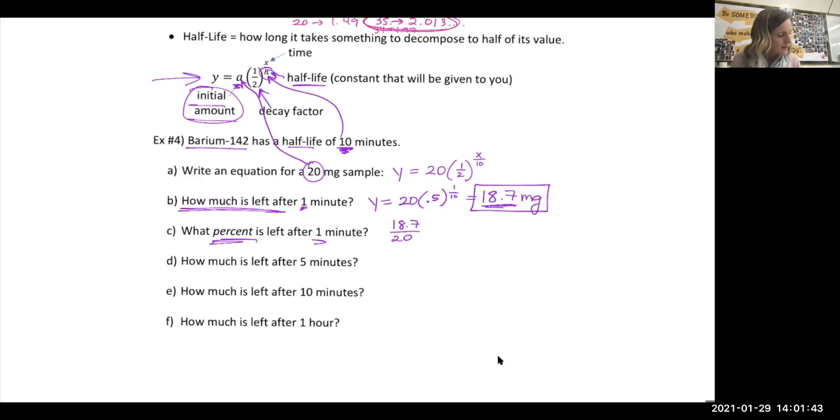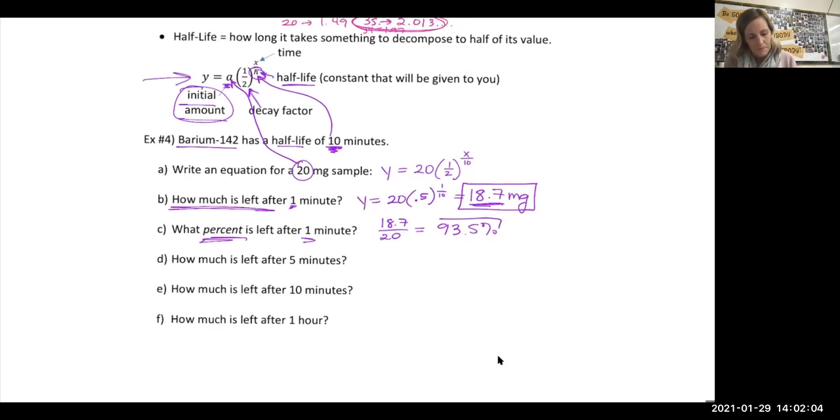And when we do that, we get 93.5%. If you didn't round, so if it was 18.666, it would be like 93.3%. I'm fine with either one. The rounded is fine. Okay. Oh, my lights just went off.